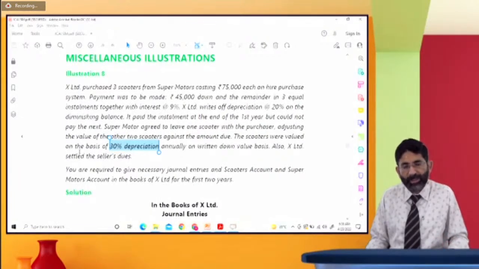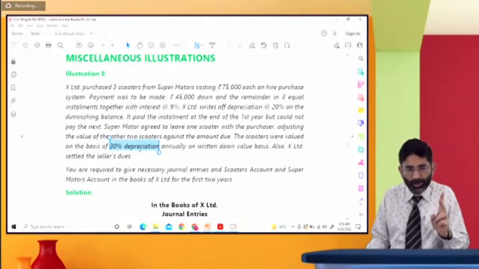So no interest and depreciation will be charged extra for this purpose. The basic concept is that two scooters have been taken over. One has been left with us. So those two scooters are taken over after charging a depreciation of 30% annually on written down value, but we are charging depreciation at the rate of 20% annually.